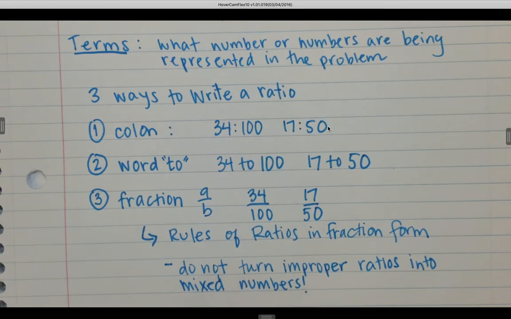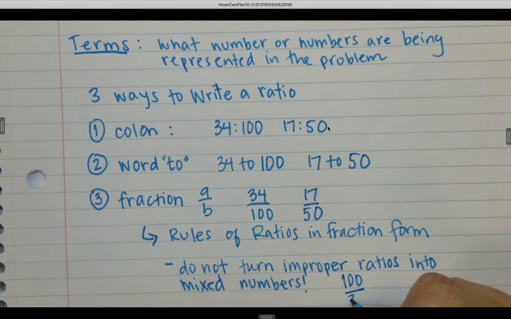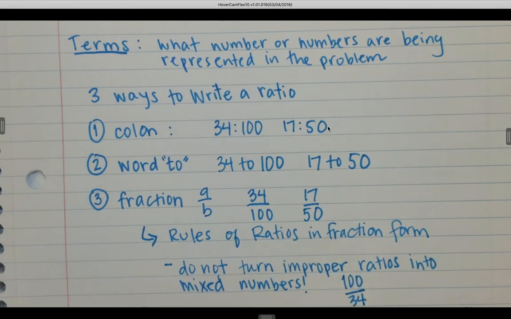The top number can be larger because it's a ratio and not a fraction. So I can have something that says 100 to 34. And I do not have to change it.